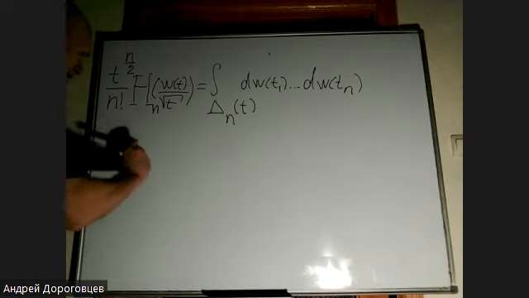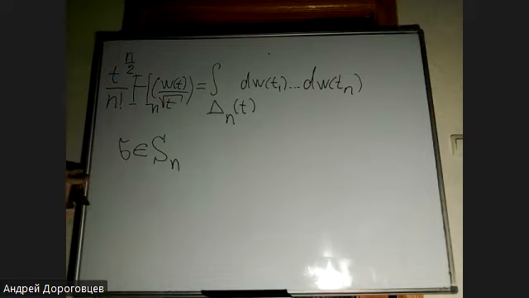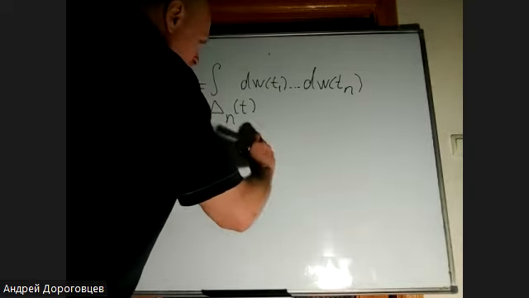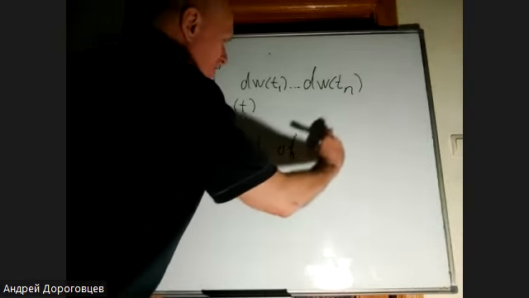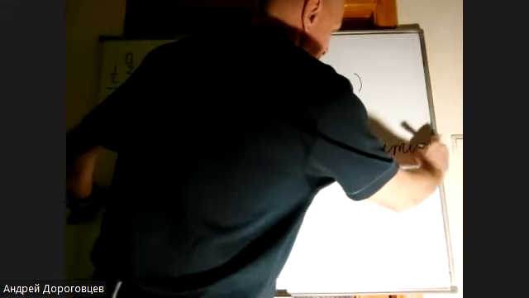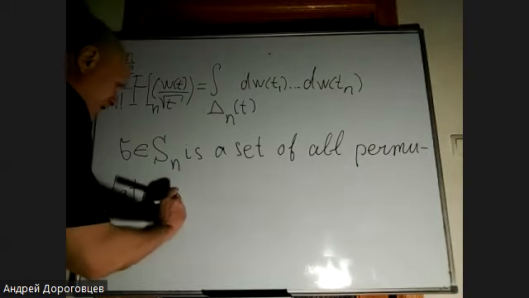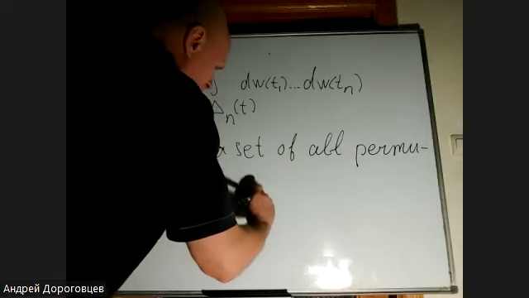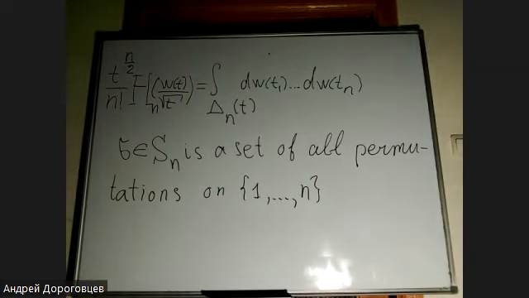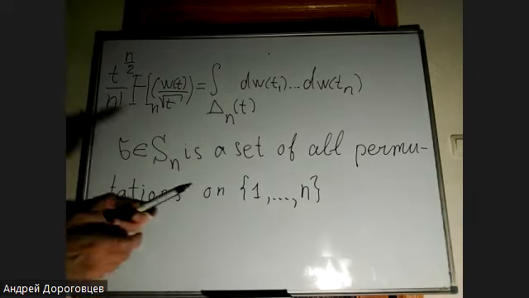Consider sigma, which belongs to the set S_n, where S_n is the set of all permutations of 1 to n. So this is, in other words, a set of all bijections of this set onto itself.